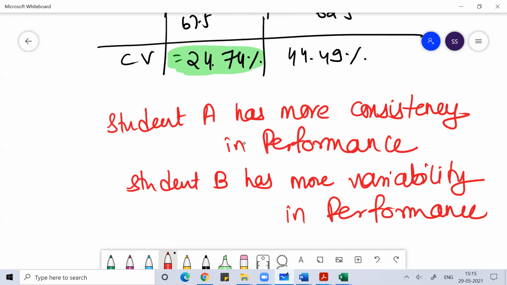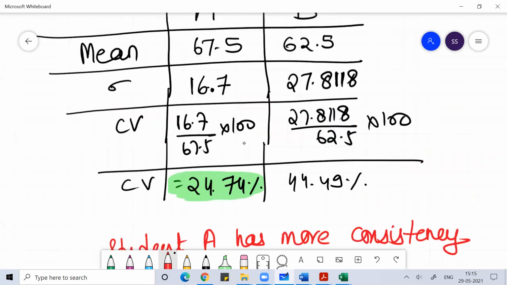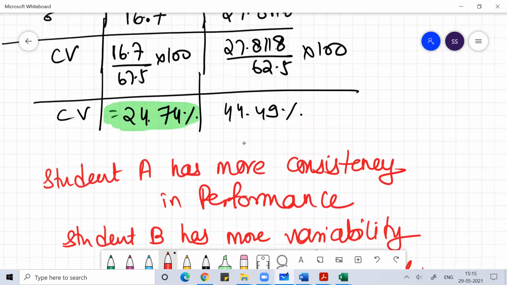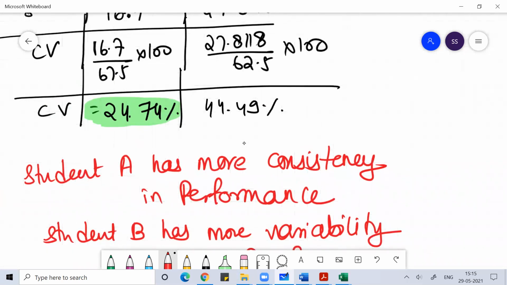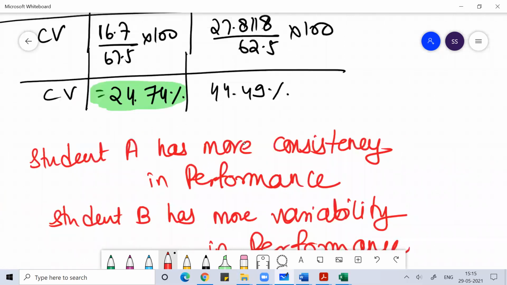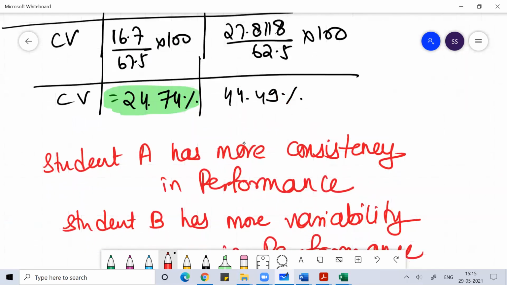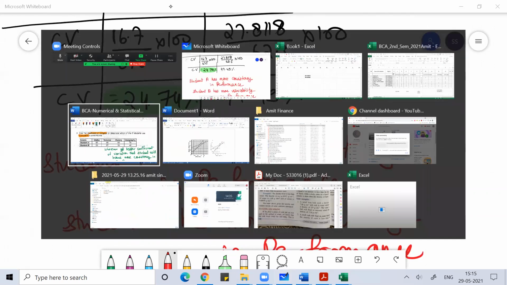Clear, everyone? I hope you understood this.